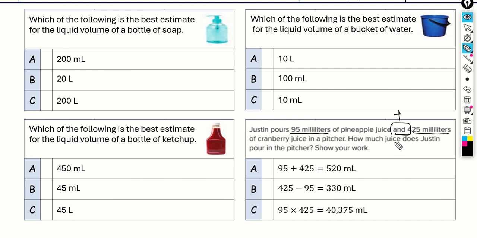How much juice does Justin pour in the pitcher? This number is important, right? Just mark the numbers: 95 and 425. So I gave you the answer already, right? You have to do what? You have to do 95 plus 425. That's it. Don't forget the unit. This is milliliter, ml. That's very important.